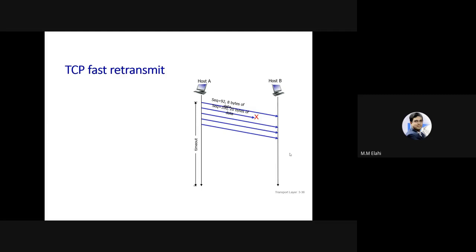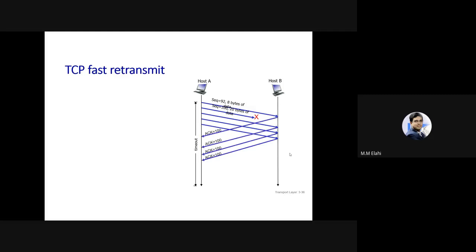That means if sender receives 3 duplicate, exactly 3, not less than 3, not more than 3, duplicate acknowledgements at some point, even before the timeout, sender will retransmit the segment. That will save time, that will reduce delay.